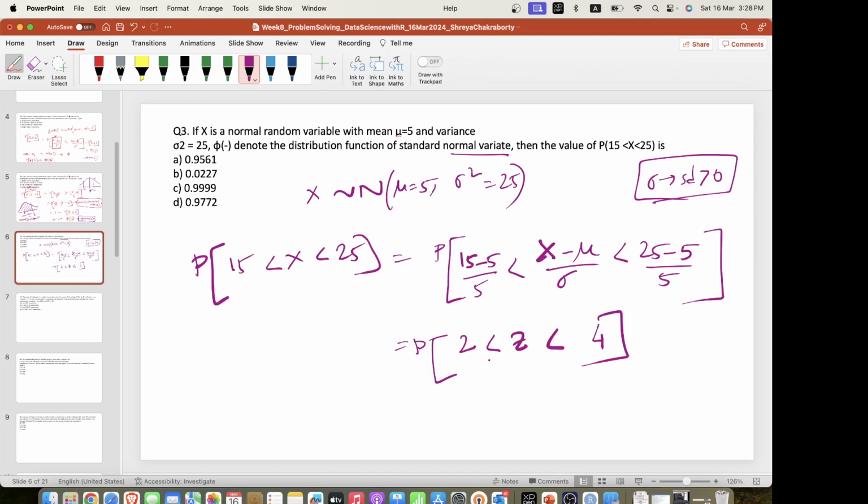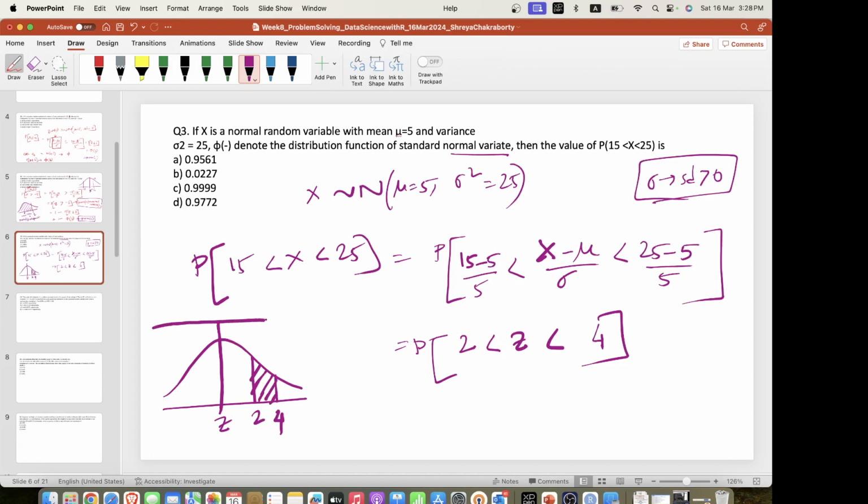So if this is my standard normal variable Z, this is 2 and this is 4. I want this area. How can I get this?